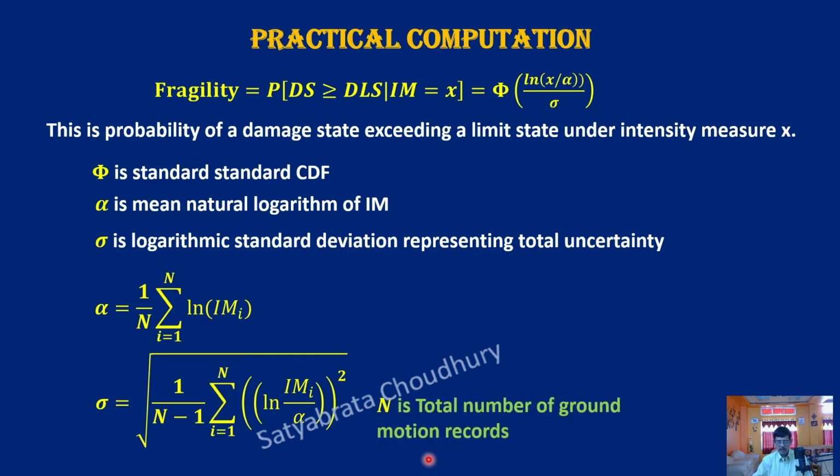N is the total number of ground motion records, that is, the total number of intensity measures considered. And this expression is nothing but the value of Z given in the probability books. So Z tables are available giving the area or ordinate of the probability density function. So this Z can be calculated from here, and utilizing the table you can get the corresponding probability.